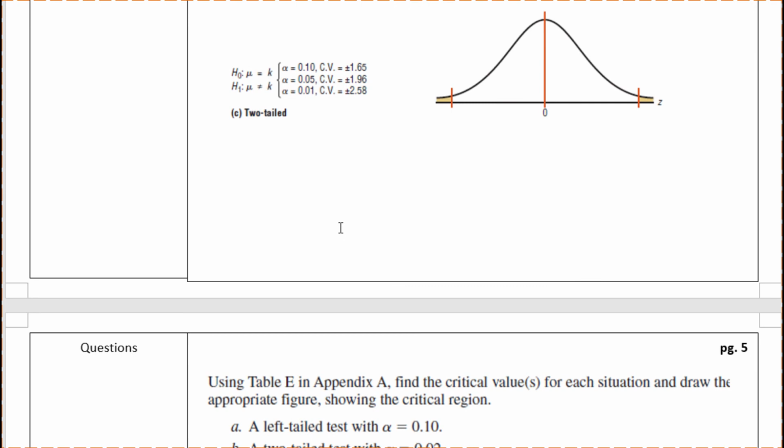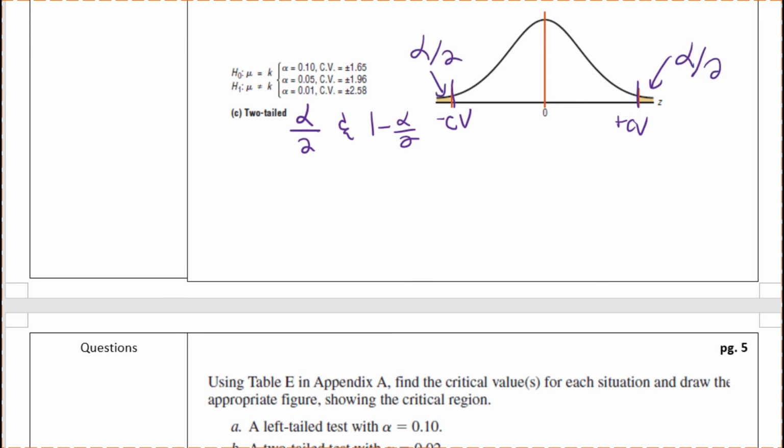For the two-tailed test, you look up alpha divided by 2 and 1 minus alpha divided by 2. Okay, so that's how we got these two values. So you have two critical values, a negative critical value and a positive critical value. And this time your alpha is split between two tails, so this is why we divided by 2. Okay?